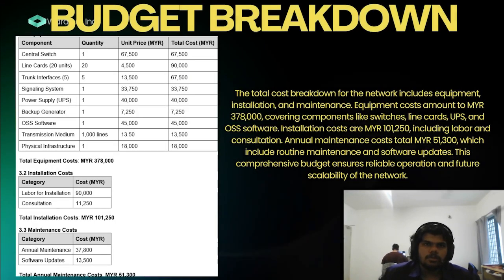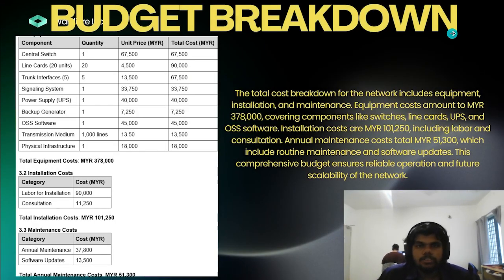For the next part, we have a budget breakdown, which is also part of the financial analysis. As you can see in this table, we have listed every component, the quantity we need, and the price per unit. In this example, for the central switch, the quantity is one at 67,500 ringgit, and the total cost is that.